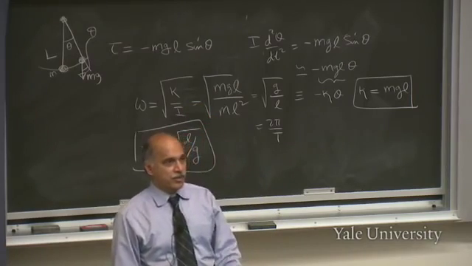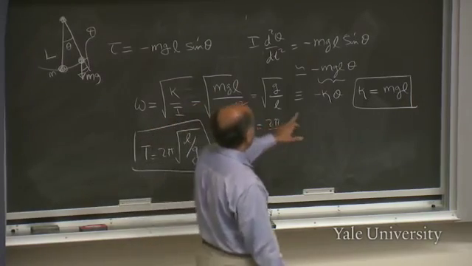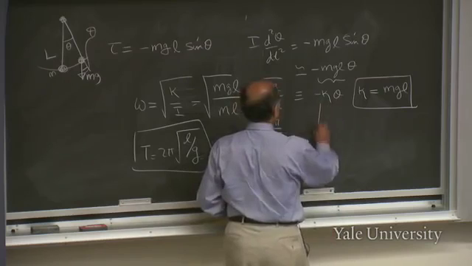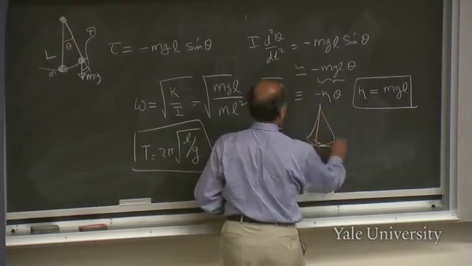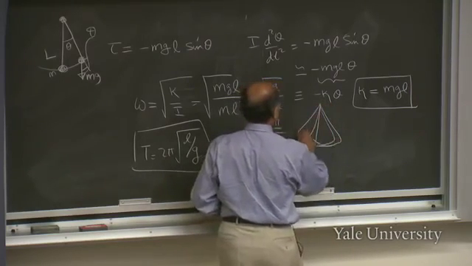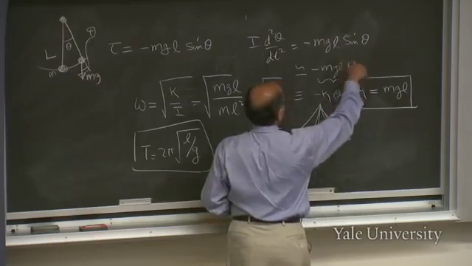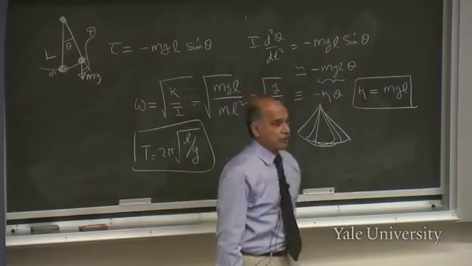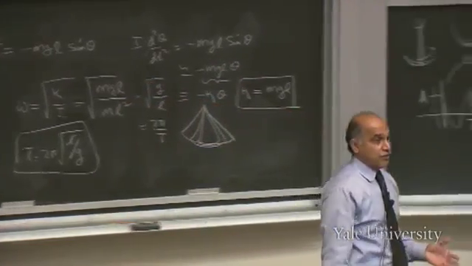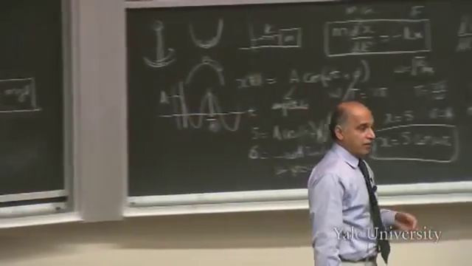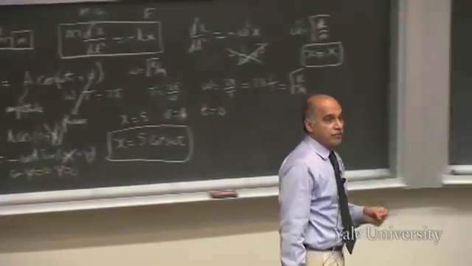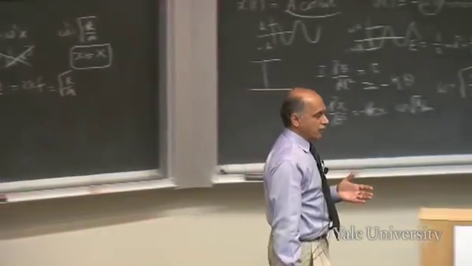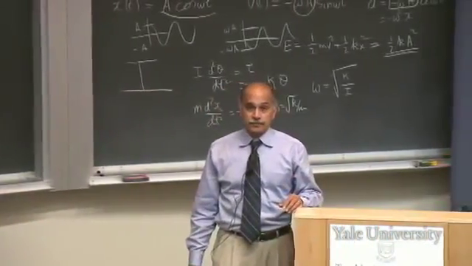But only for small oscillations, when sine theta can be approximated by theta, you will find whether you do that oscillation or that oscillation, the time is the same. But if you go too far, the other terms in sine theta will kick in, and the result is no longer true. The period of a pendulum, in fact, is not just a function of L and g, but also a function of the amplitude. Only for small amplitudes, you get this marvelous result.